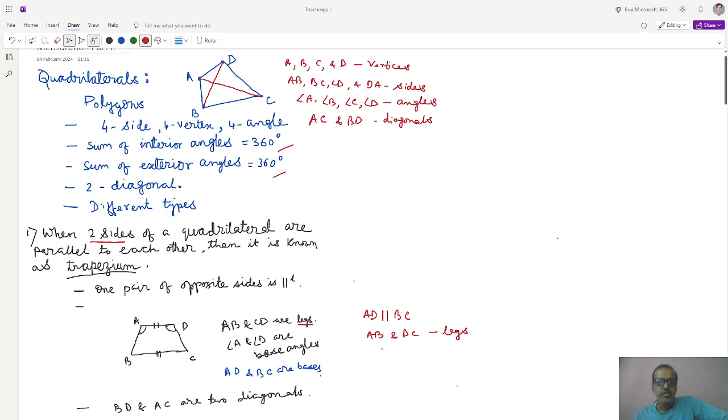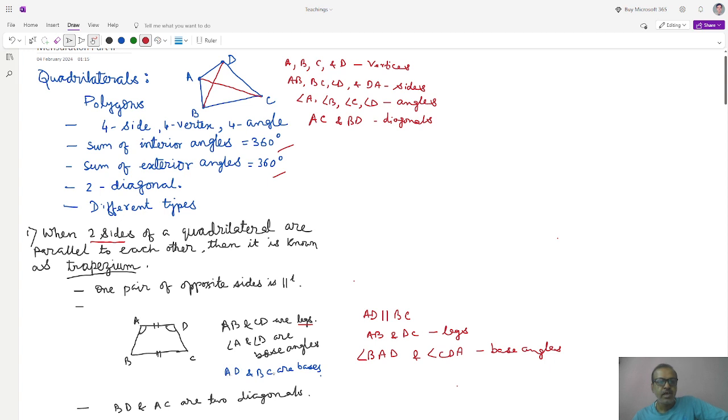Similarly, the name of these two angles, angle BAD and angle CDA, is base angles. Angle A and angle D are the base angles. So the angles with the shorter side of the parallel sides are known as base angles.